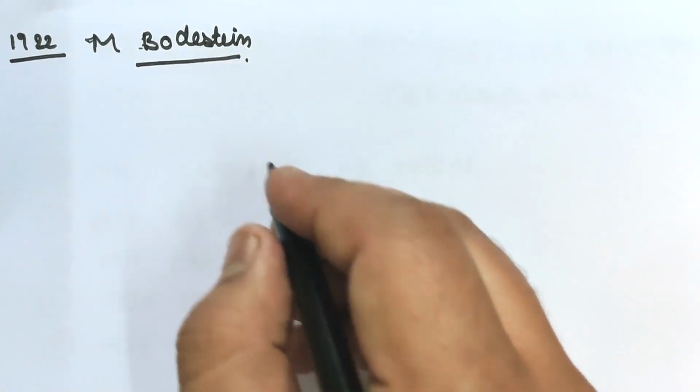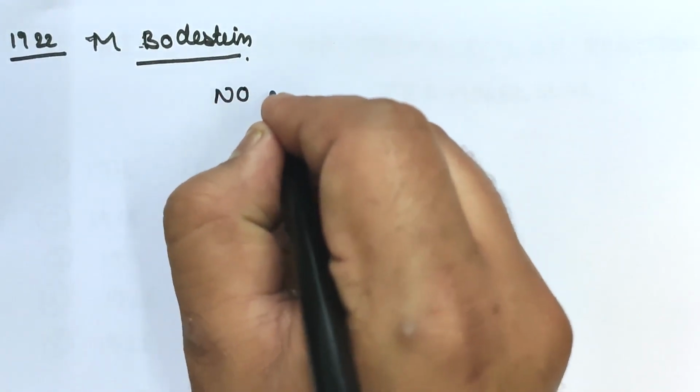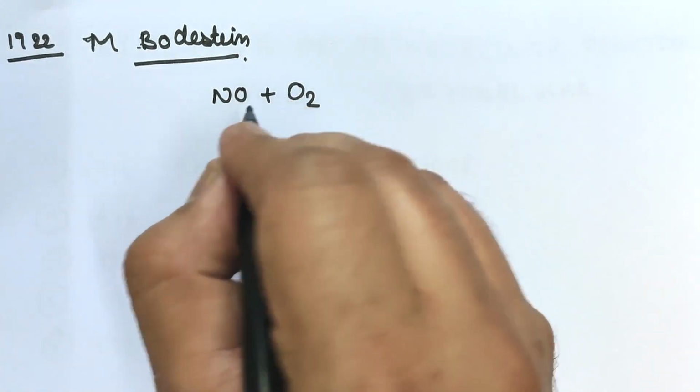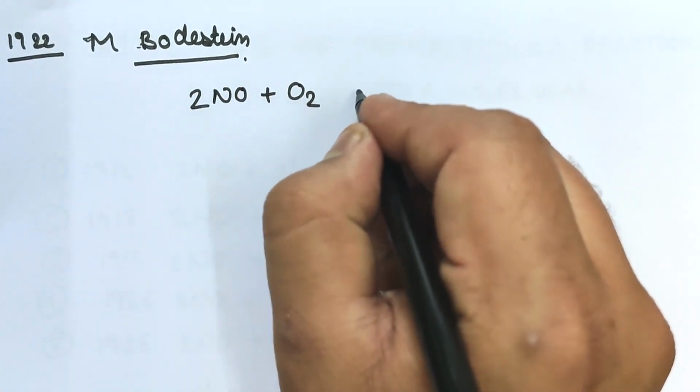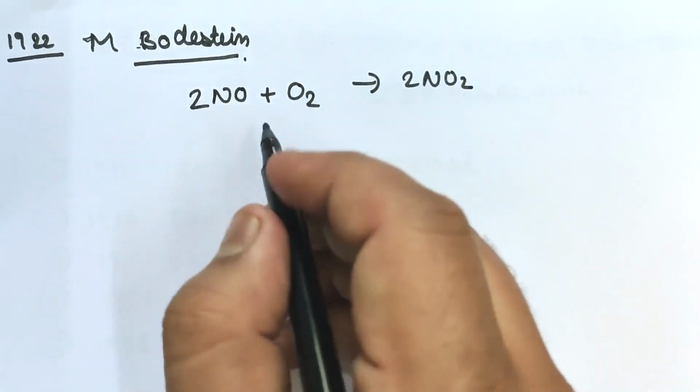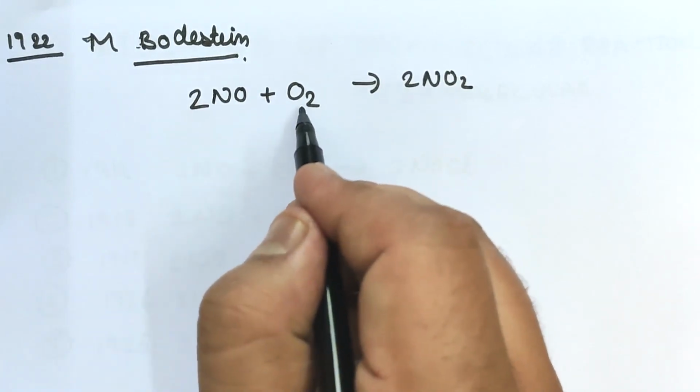So in order to overcome this difficulty in Trautz's theory, in 1922 M. Bodenstein gave a different and more general treatment for explaining this type of trimolecular reactions, where he did not specify with the help of which pair the sticky reaction takes place. He just generalized that when 2 moles of NO and an oxygen molecule are reacting to give 2 NO2, he did not specify that first NO and oxygen will only react.